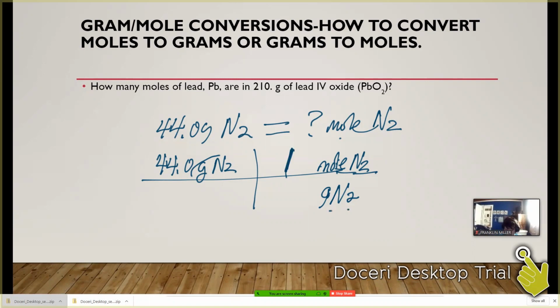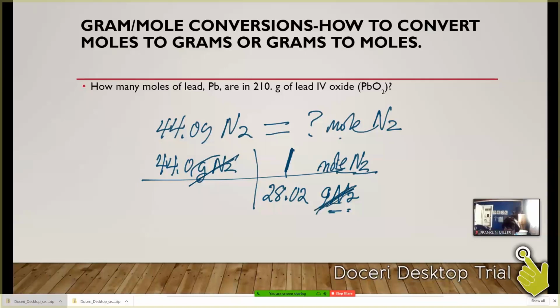But now, because nitrogen is diatomic, that's 2 atoms together, instead of it just being 14.01, which is the mass of nitrogen, I have to use 2 of those. So I end up with 28.02 grams per 1 mole.